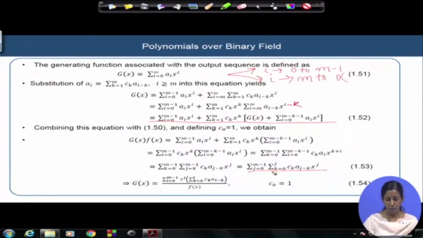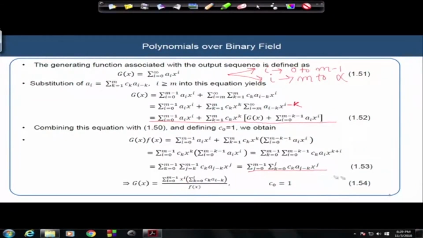As I already mentioned, this j is replaced by i, and so these two are a similar kind of expression that we are getting, and this x^i is taken out. So your expression will look like the generating function in terms of the characteristic polynomial, given by 1.54.